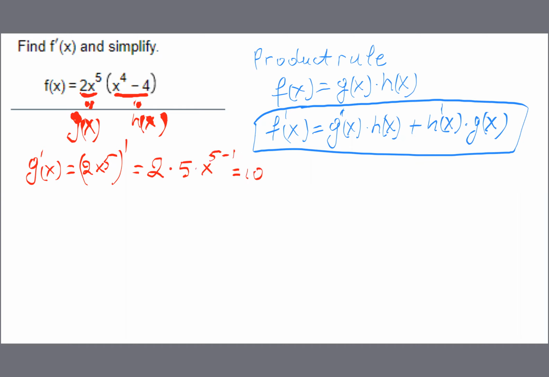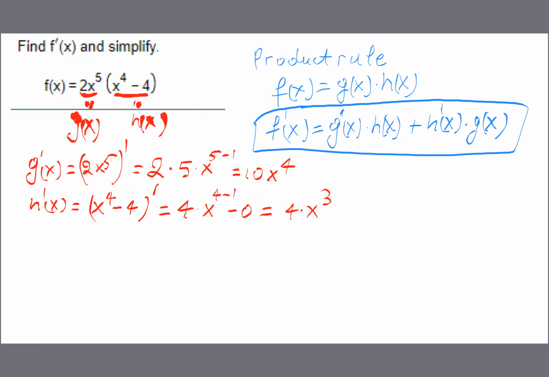So that's 10x to the 4th. h prime of x is the derivative of x to the 4th minus 4, which is 4 times x to the 4 minus 1 minus the derivative of a constant, 0. So we have 4 times x to the 3rd.